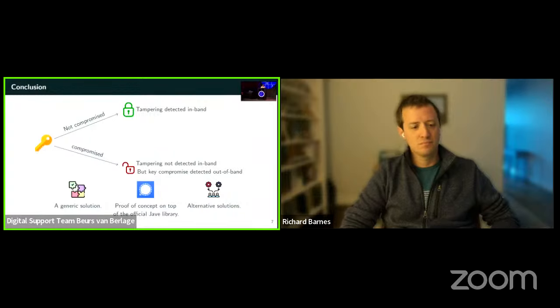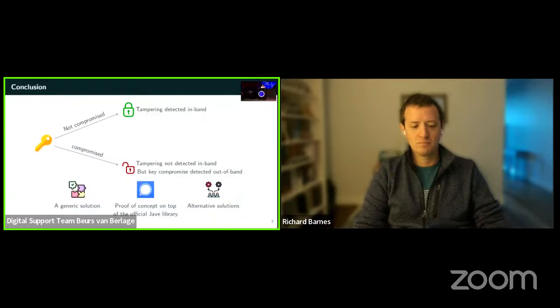Or we have the key compromised, but then if Alice and Bob use an out-of-band channel, they can detect that such a key has been compromised, and they can change it only when necessary. We force the adversary to use this key and to reveal its knowledge in order to avoid in-band detection. So this is a generic solution because we didn't use any property of how Signal is implemented.